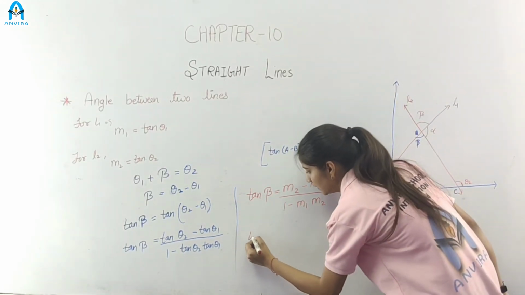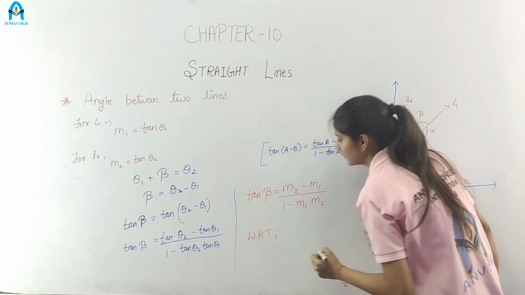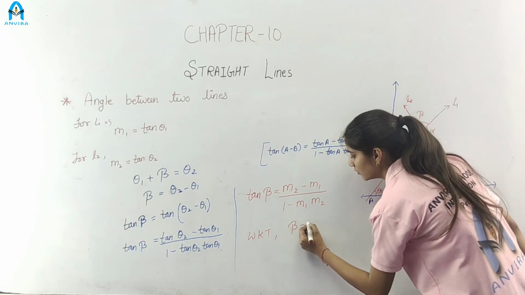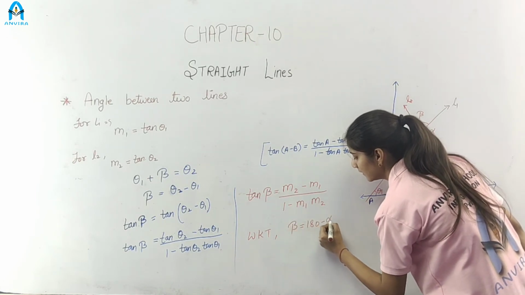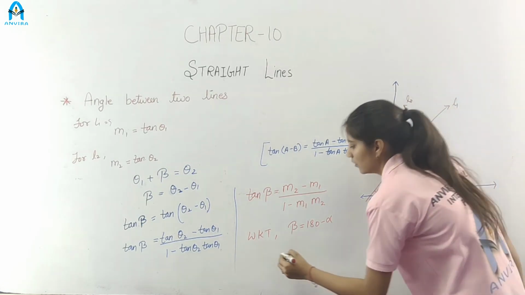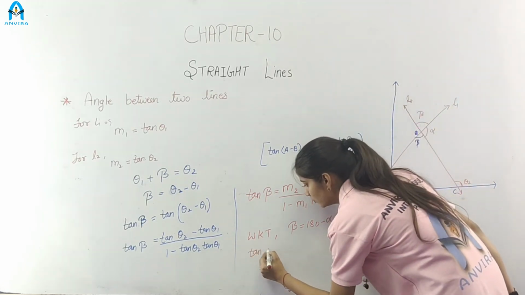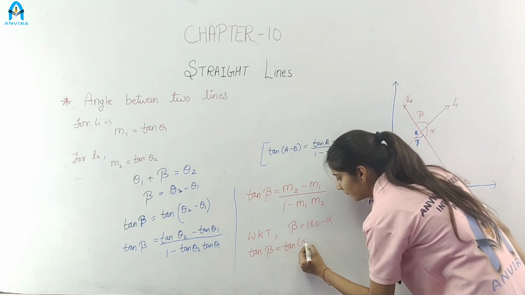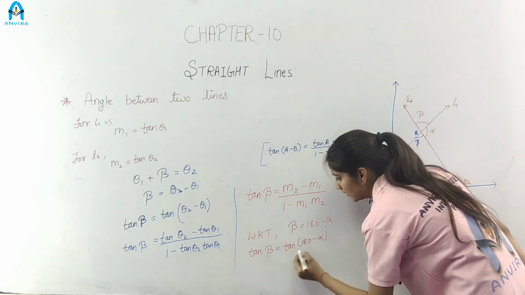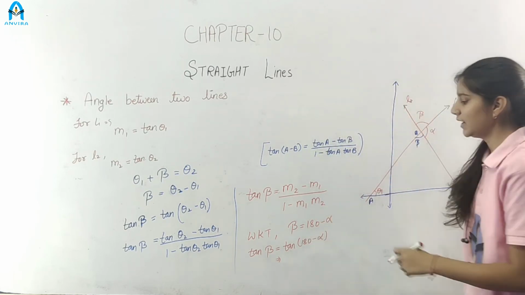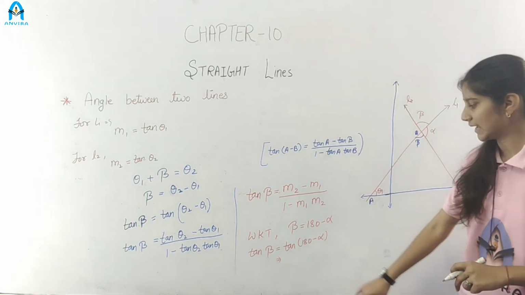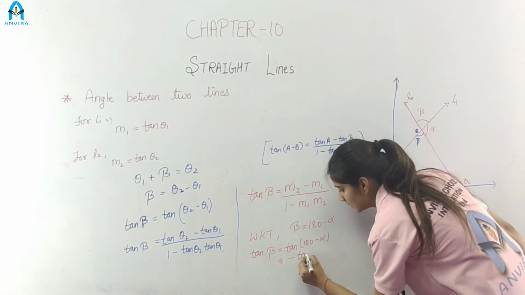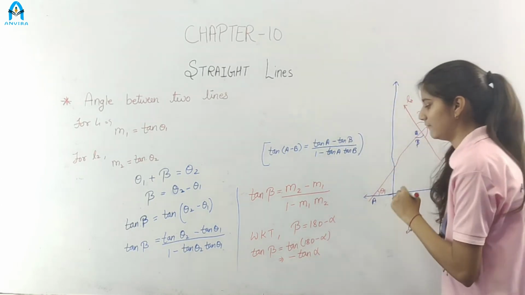So we know that beta is equal to 180 minus alpha. So tan beta is equal to tan of 180 minus alpha. That is the second quadrant, and in the second quadrant tan is negative, that is minus of tan alpha.